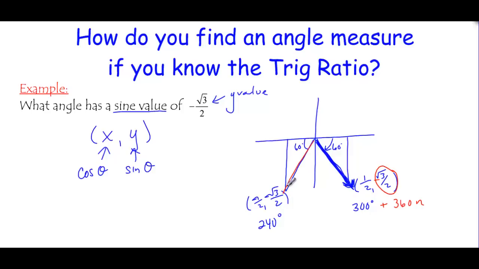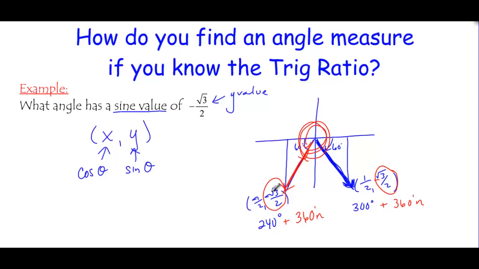If I spun around a couple of times, any angle that stops right here is going to have a y value of negative root 3 over 2. So again, 240 plus any number of rotations, I'll just call it n rotations of 360 degrees, would give me a sine value of negative root 3 over 2.